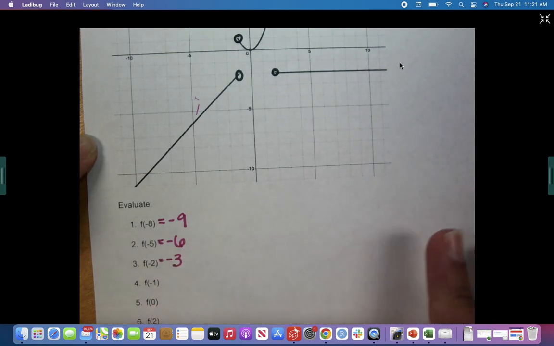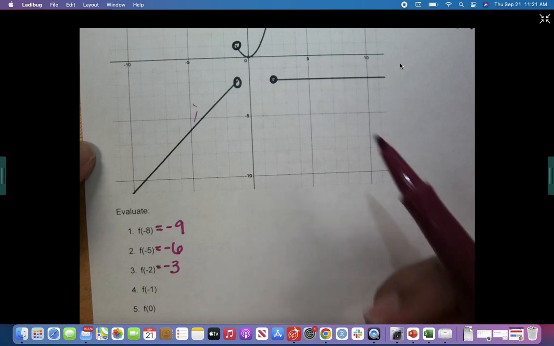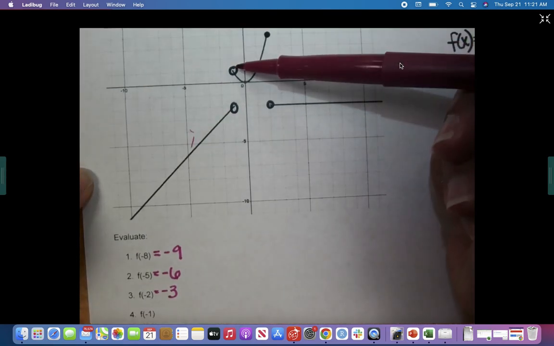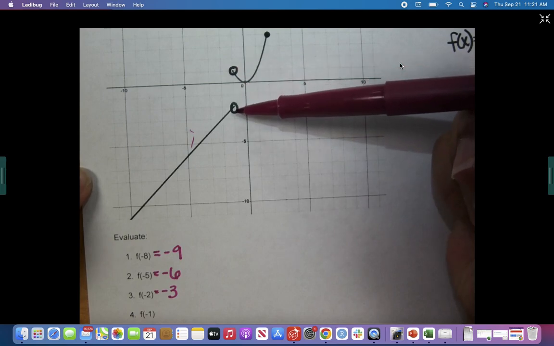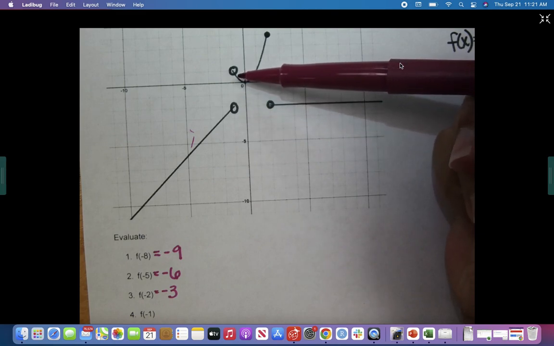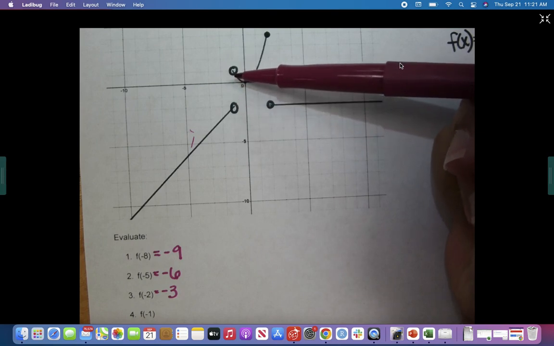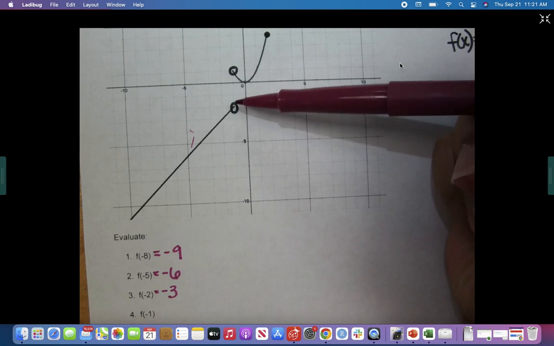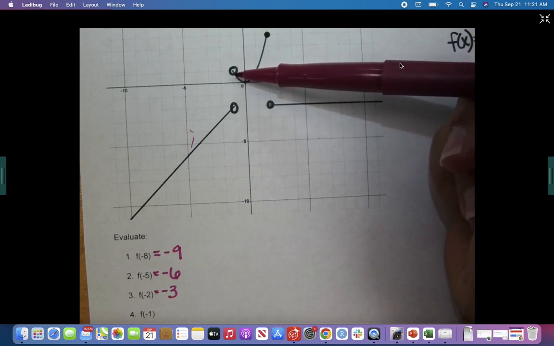F of -1, so this one is right here. Notice I've got an open dot here and an open dot there. So remember, what do open dots mean? They mean that you don't have a value there, so that value is excluded. Since we don't have a solid piece of graph, all we have is open dots, that means that we cannot get a y value for this x value. When you can't get a value, that means that point of your function is undefined.